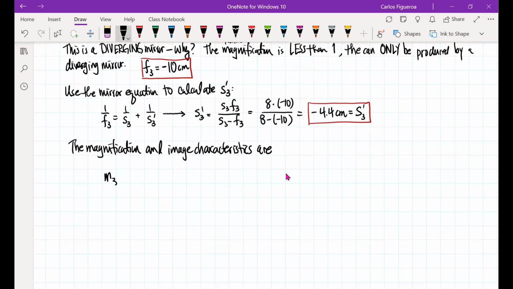So M3 will be minus S3 prime over S3. So then I'm going to get minus 4.4 divided by 8, and I'm going to get a positive 0.56 for the magnification 3. So we now have our magnification. From our magnification, we're going to look at the characteristics.